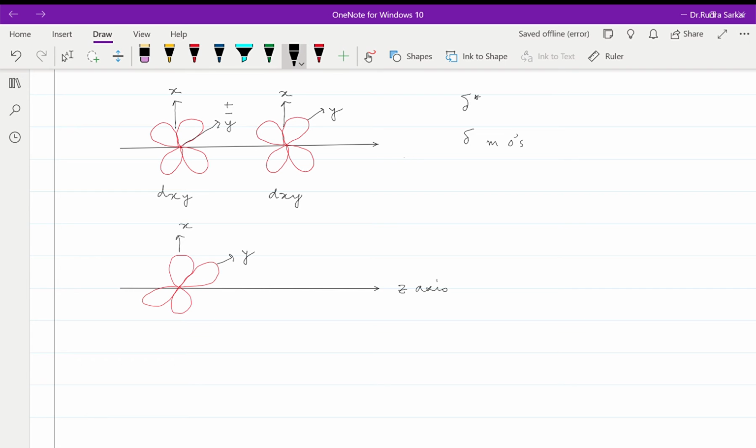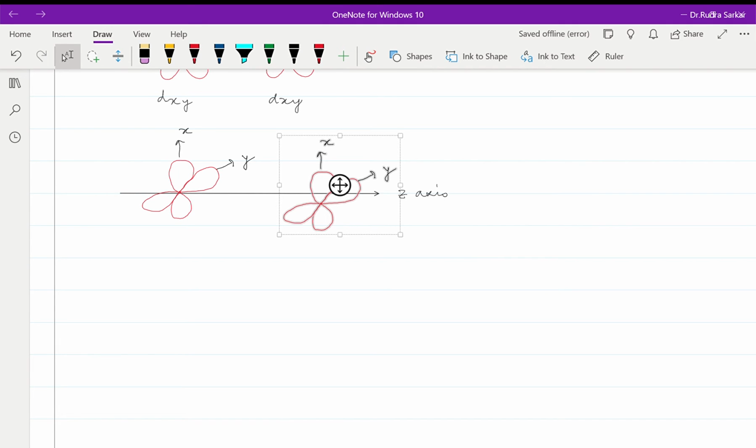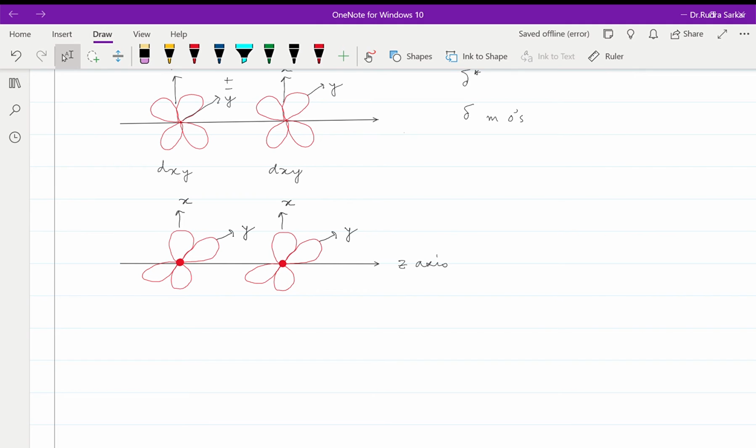So what we are going to do, again just like before, we are going to copy this orbital so that we can generate an exact orbital like the previous one, and then we are thinking these two are combining. Obviously the nucleus over here is this one and that one. For the previous one also I should mention the nucleus.